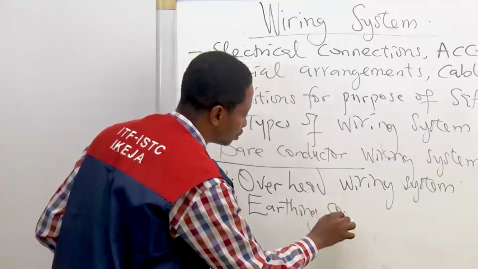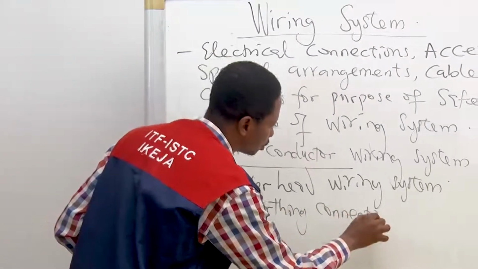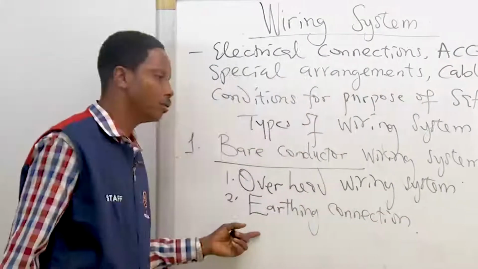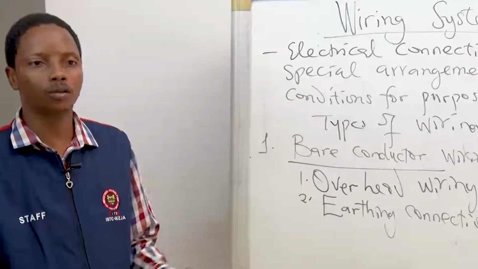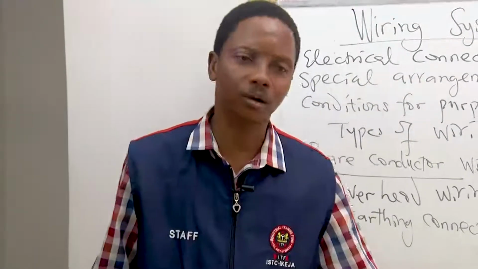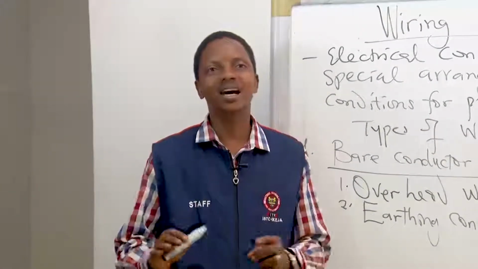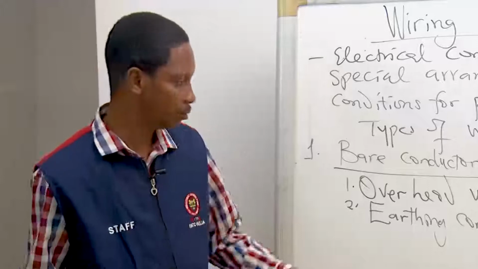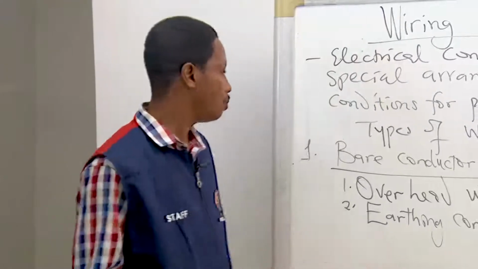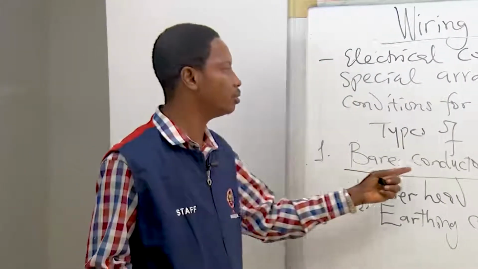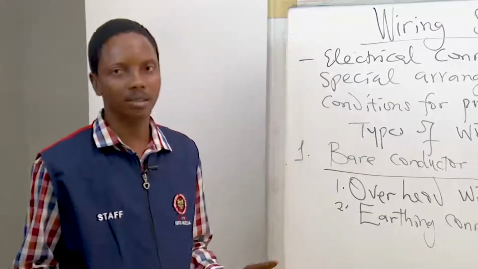Earthing connections. In earthing connections, we also make use of bare conductor for the PEN conductor in the transformer and in maintenance-free earthing system. That is bare conductor wiring system.